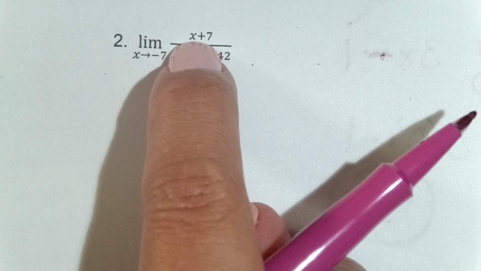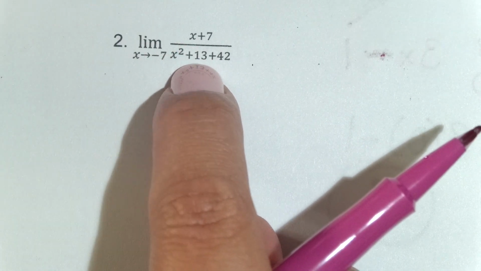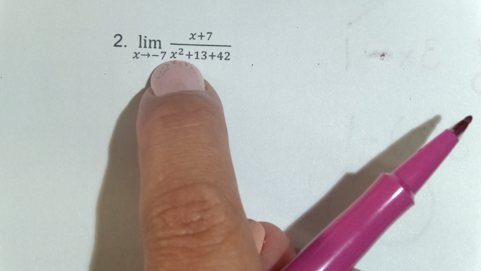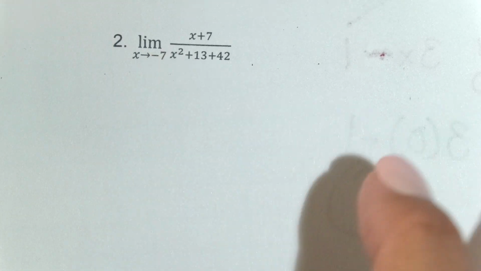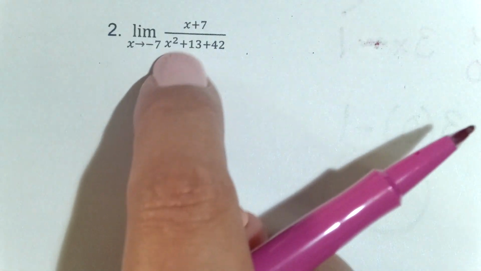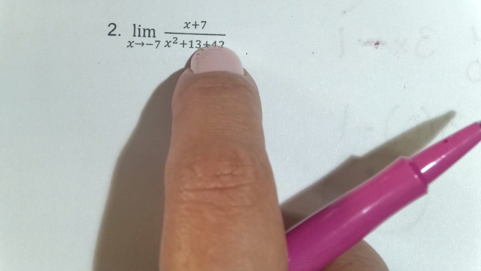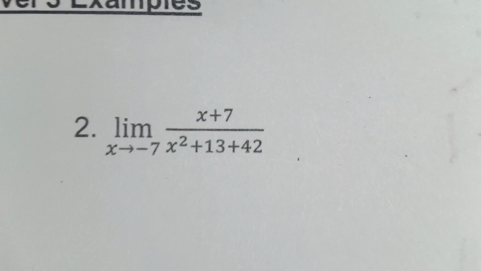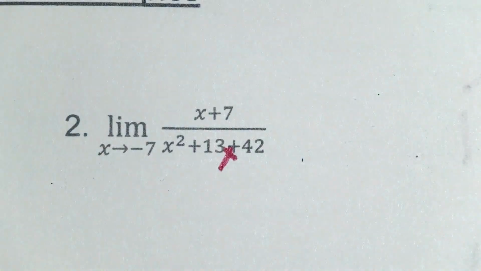There's no numbers. There's no variables in common. Now let's look at the denominator. Do we have any numbers or variables in common? No. Some students will say, oh my goodness, there should be an x there.